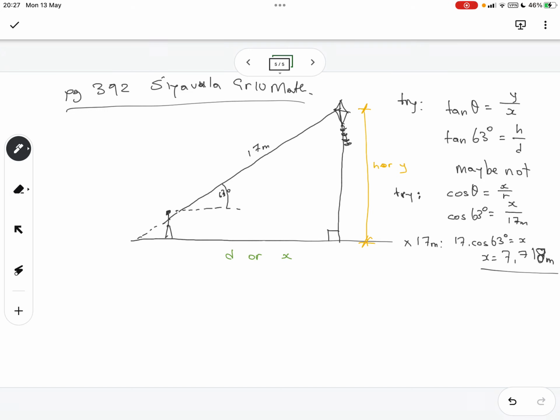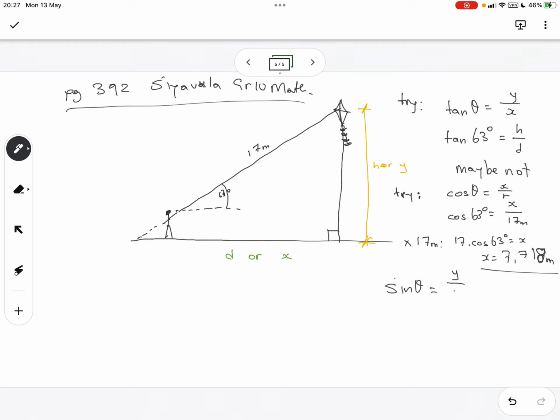So we've eliminated two trig ratios. We're left with one. Which one else can we try? Sine. So we've got sine theta. What's the definition of sine? Sine is the opposite divided by the hypotenuse.